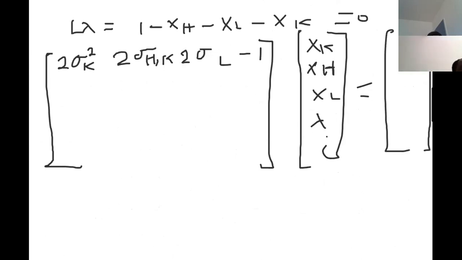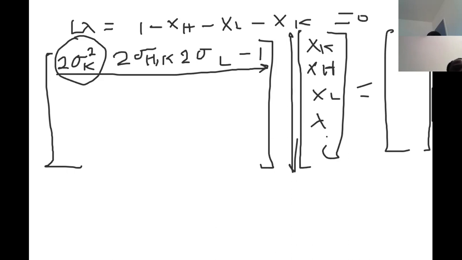So this is your row, right? Multiplied by your column, which is what I have here. So this 2 variance of K multiplied by SK will give me 2 SK variance of K, which is the same as the first component in equation 1.